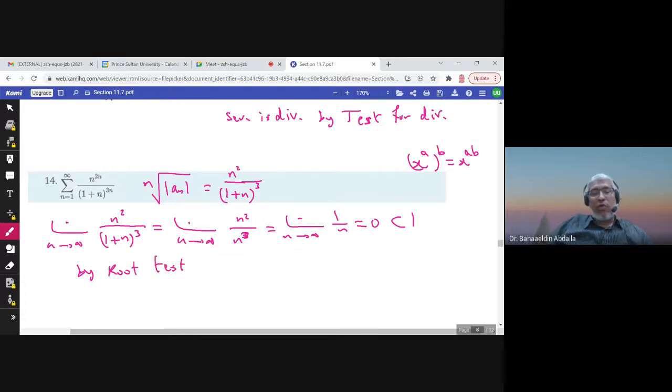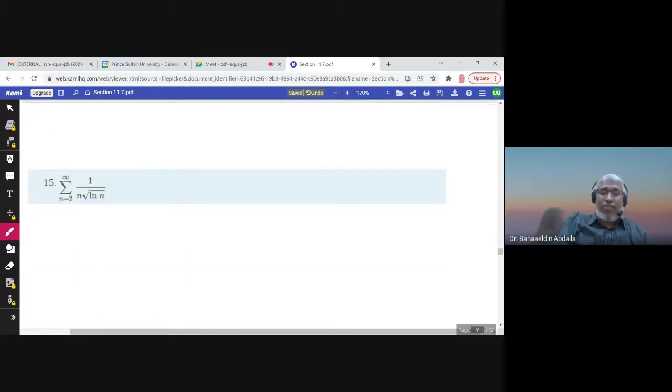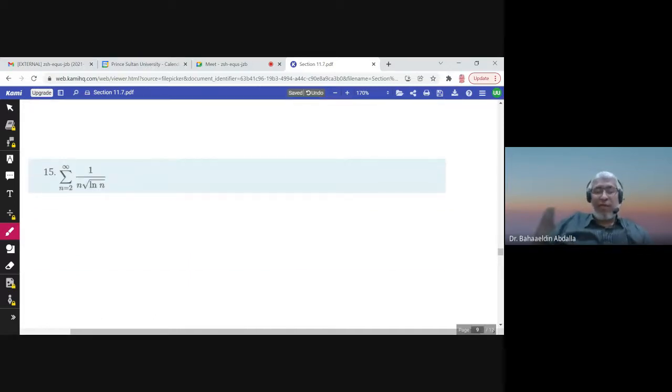So by root test, the series is convergent. It's nice if you stop a little here and try to solve this question by yourself. It's a review for you.